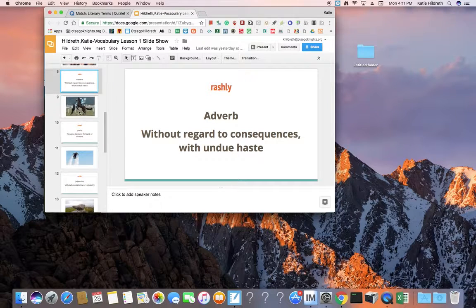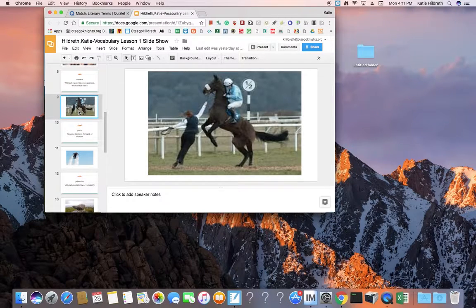The picture that I chose, I thought this was a good one. The gentleman on the horse is rearing up and the lady's trying to pull it back down, and she does it without thinking that she could get hurt or that he could get hurt or the horse could get hurt.